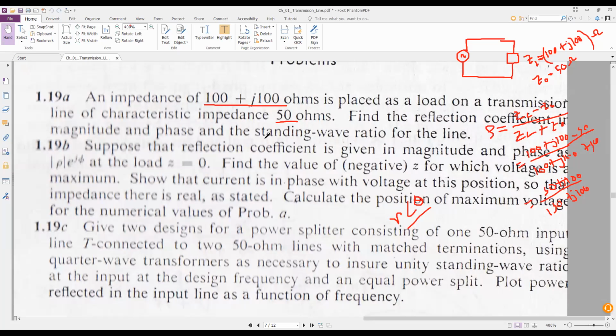Then the second part is standing wave ratio. So you've got the rho. Can you calculate what is the value? Anyone, please?